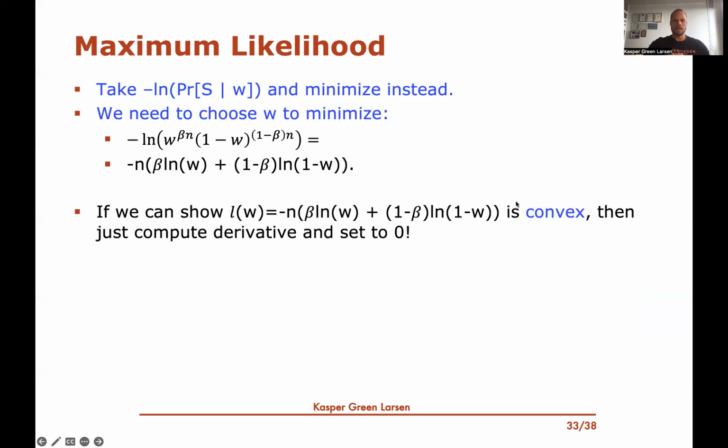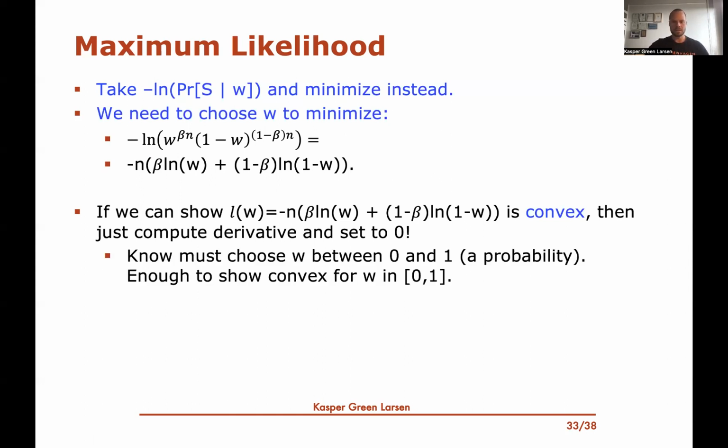Okay. So now we're minimizing a function of a single variable w. To minimize such a function, it would be really nice if this function turned out to be a convex function, because then we could minimize it simply by computing the derivative and setting it to 0. So maybe let's see if we're in luck and this function is convex.